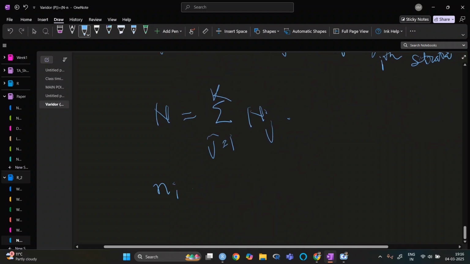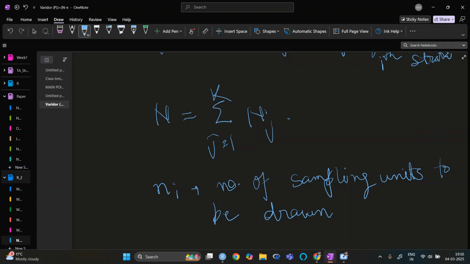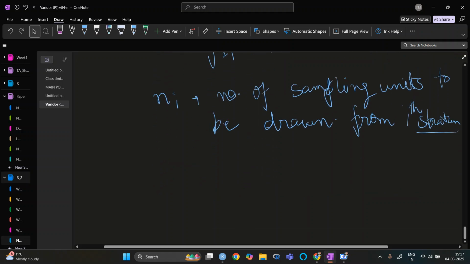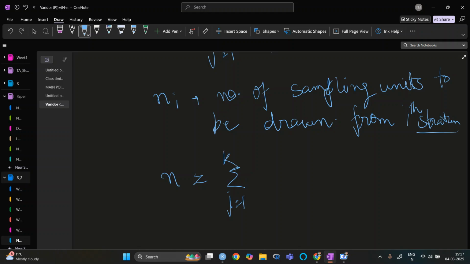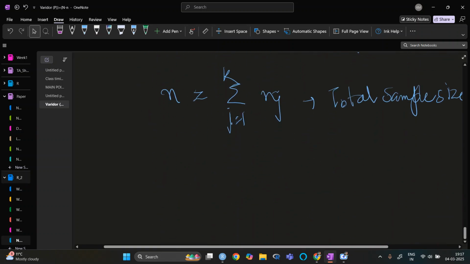So n_i is the number of sampling units to be drawn from the ith stratum, and n is equal to the summation over i equal to 1 to k of n_i, which is the total sample size.